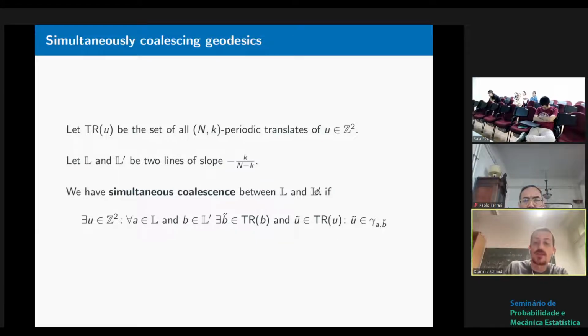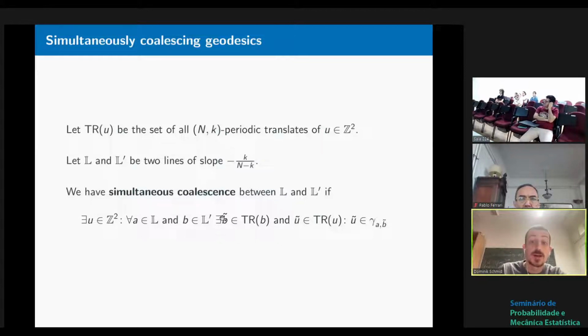We say that we have simultaneous coalescence if we find some point U in the lattice, such that for any point A in the line L and B in the line L prime, there exists some periodic translate of B and some periodic translate of U, such that this periodic translate of U is part of the geodesic from A to B prime. So let gamma of A to B prime be the geodesic from A to B prime, or B tilde.